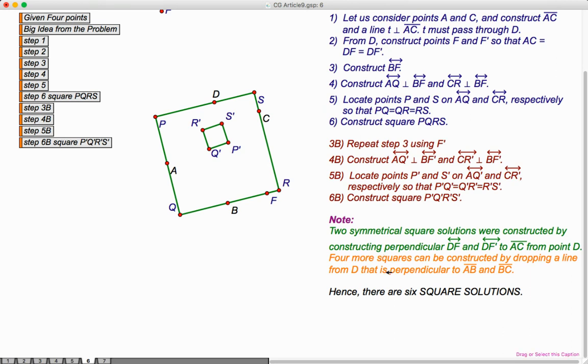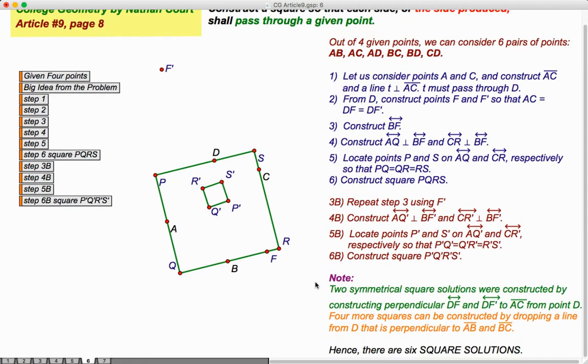That makes it four more squares, and hence we have a total of 6 solutions. That seems to be a little bit confusing. So what we can do is to show it to you.